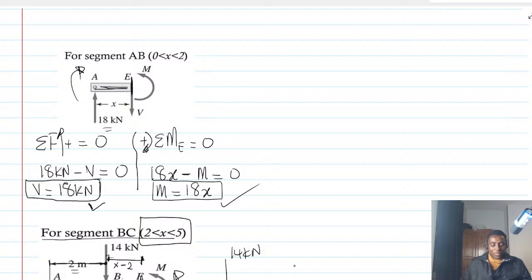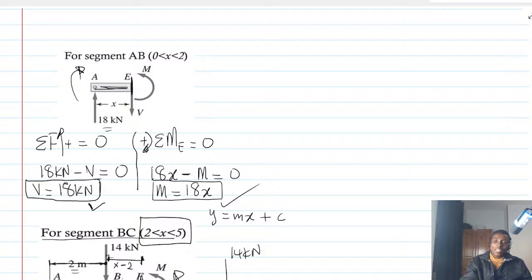I was trying to explain the second portion. The first section is 18x. That is the moment. Sorry for that. Okay, so you can think about this as a straight line, y equals mx plus c. But this one, the y-intercept is 0, right?